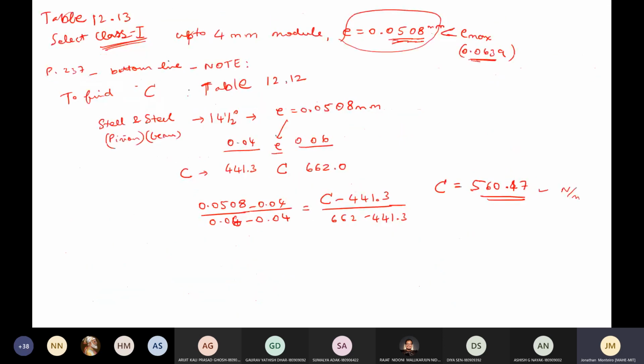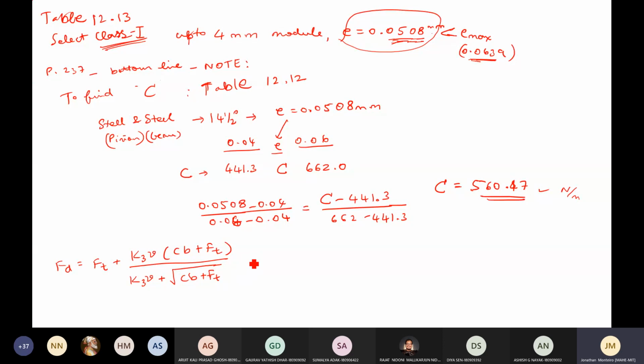It is again FD. So let us write that FD equation. Dynamic tooth load will be equal to tangential tooth load plus K3V into CB plus FT divided by K3V plus root of CB plus FT.